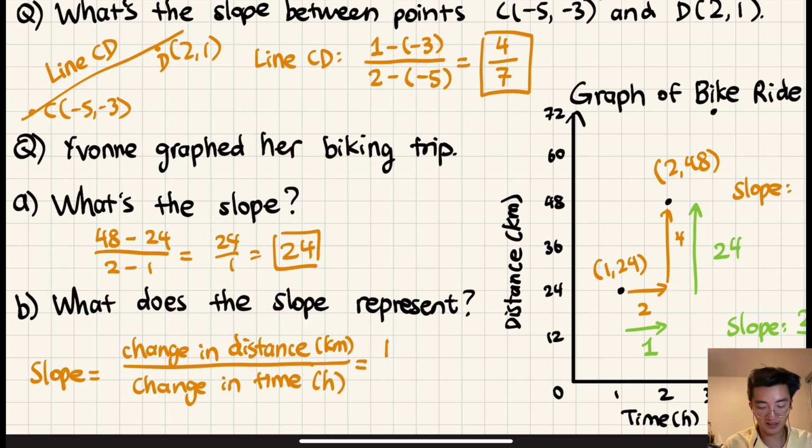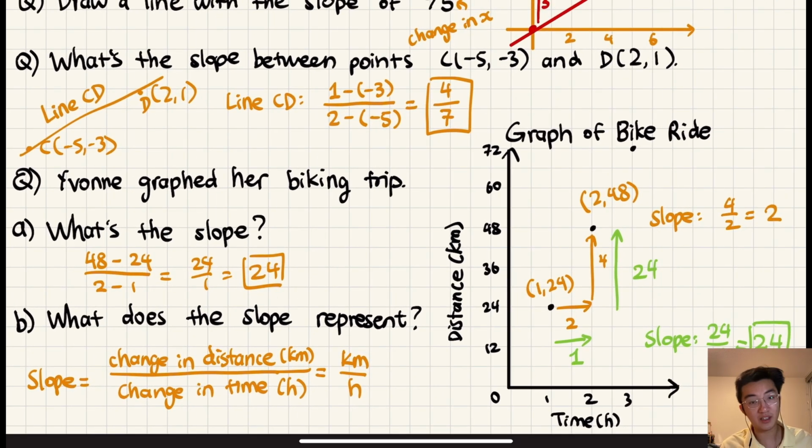If we simplify this massive equation here, all we get is kilometers over hour, which means that all this graph is telling us is the speed of Yvonne's bike ride. Because, again, kilometers per hour is a measurement of speed. And because she's saying that, oh, after 1 hour, she traveled 24 kilometers.